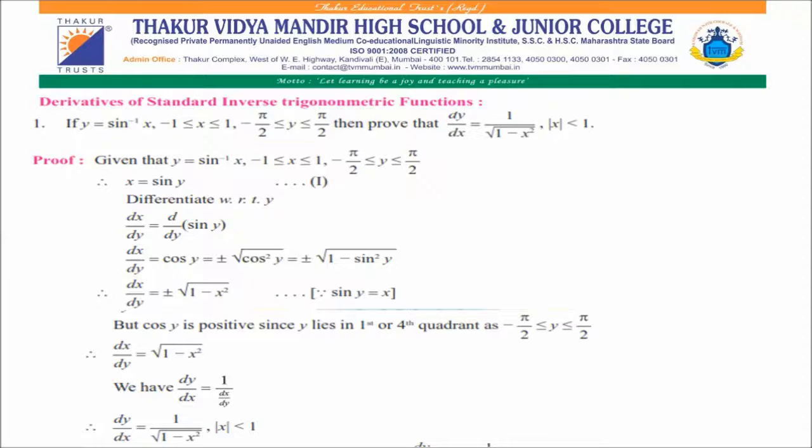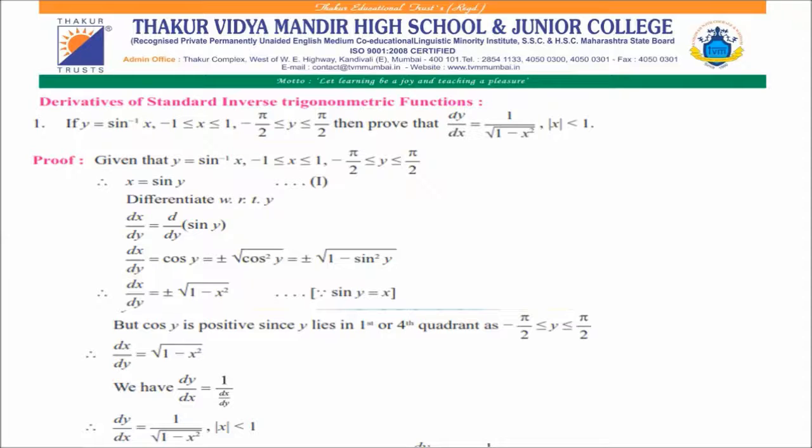Okay. But cos y is positive since y lies in the first or fourth quadrant. In the first and fourth quadrant, cos is positive. So we have dx upon dy equals under root of 1 minus x square. So we have dy by dx equals 1 upon dx upon dy.